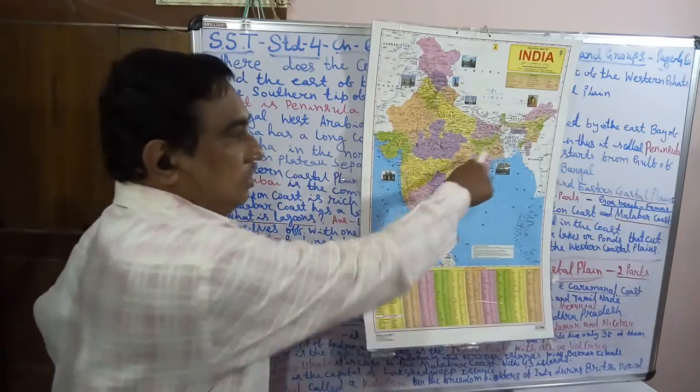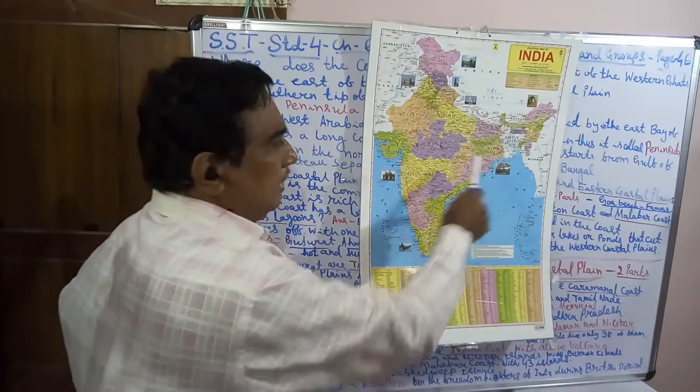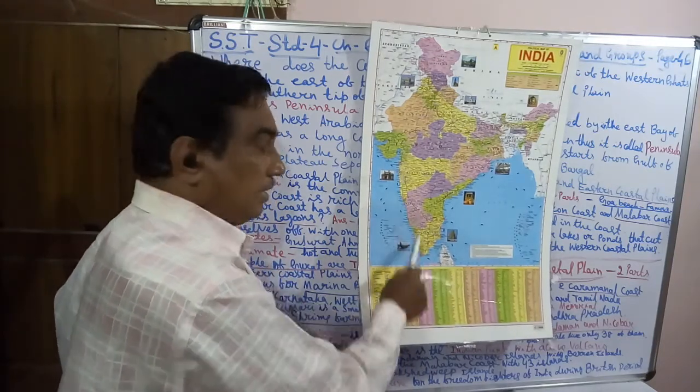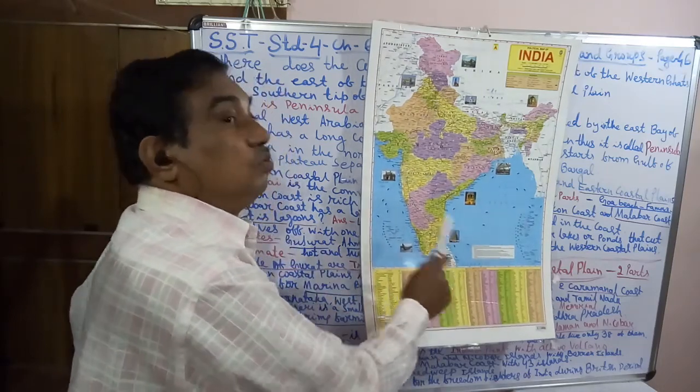Then come to the eastern coastal plain. It is also divided, but while the western coastal plain is divided into three parts, the eastern coastal plain is divided into two parts.